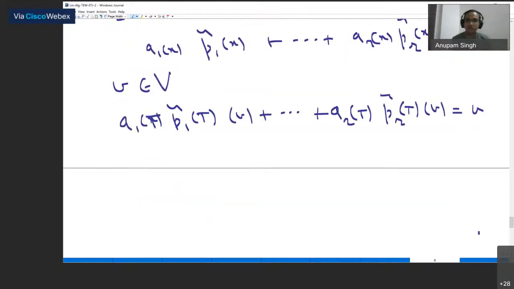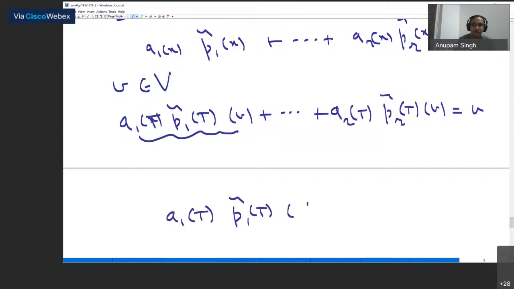Okay, so let's look at this equation very carefully. What can I say about this thing here? Let's look at a1 t p1 tilde t of v. I want to define this, let's say, as v1.